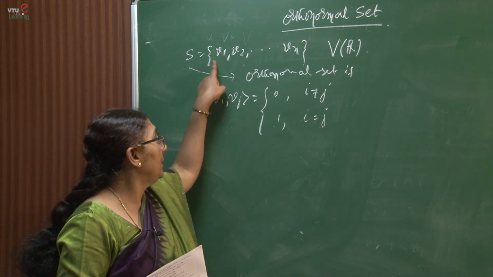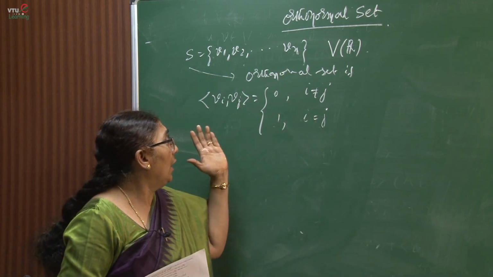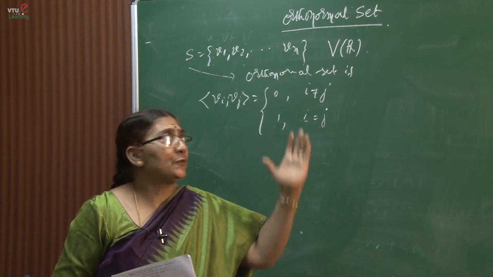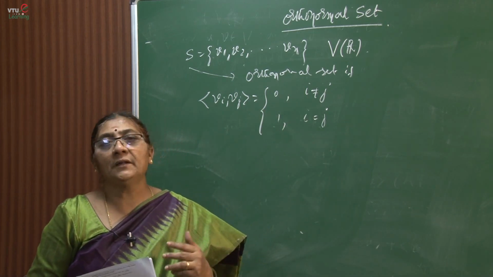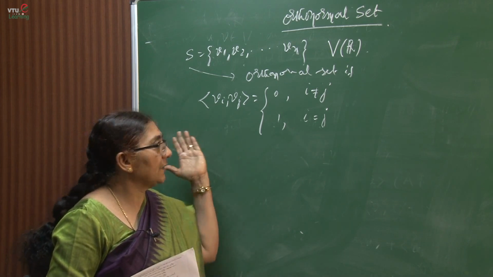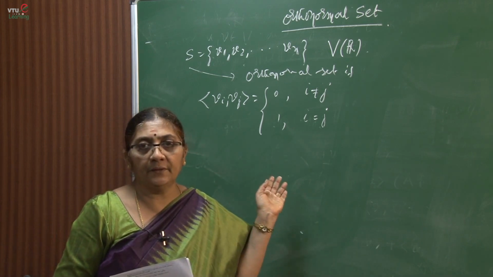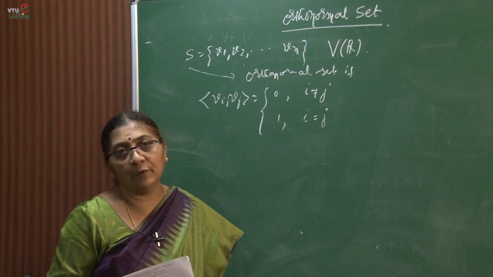Now I extend that. Suppose the given set of vectors is an orthonormal non-zero set of vectors over an inner product space V over the set of real numbers, then that implies the set of vectors forms a basis. What type of basis? Orthonormal basis.